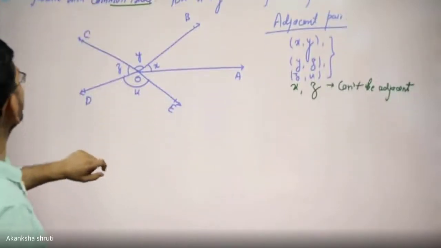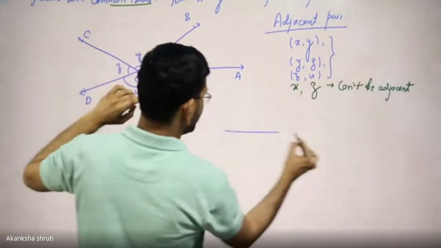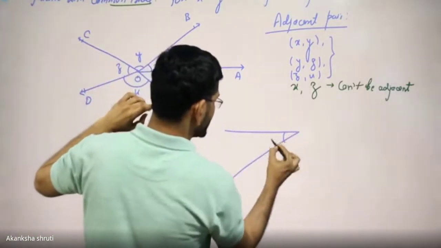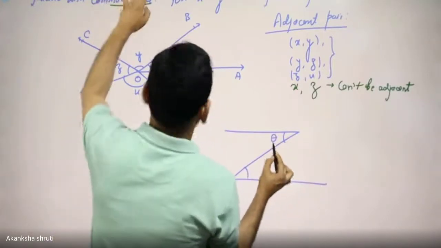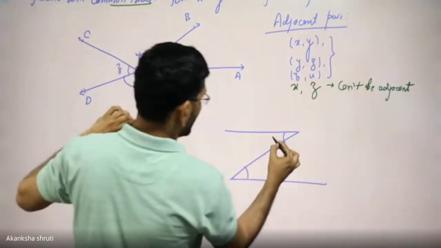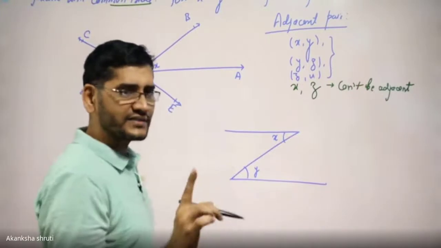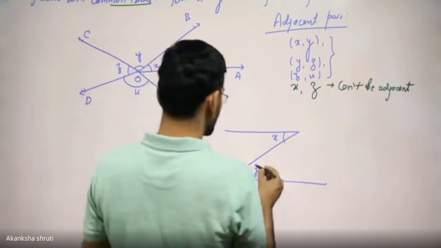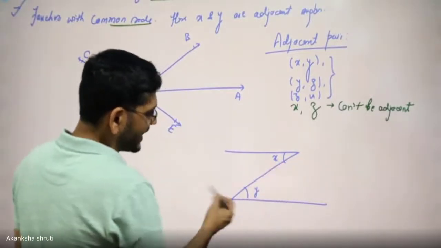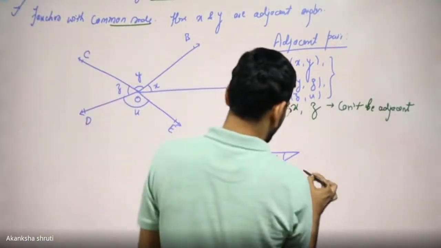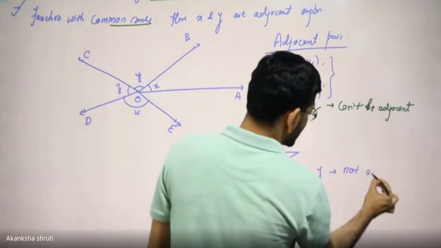But keep in mind, students, one common side alone doesn't suffice. If we take one angle as this angle theta, another as this angle, let us consider this angle as x and this angle as y, then x and y are not adjacent. Keep in mind, they are adjacent with the common side and at the same vertex. So in this case, x and y are not adjacent.